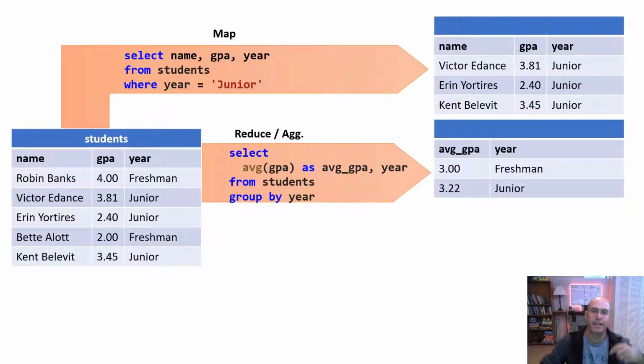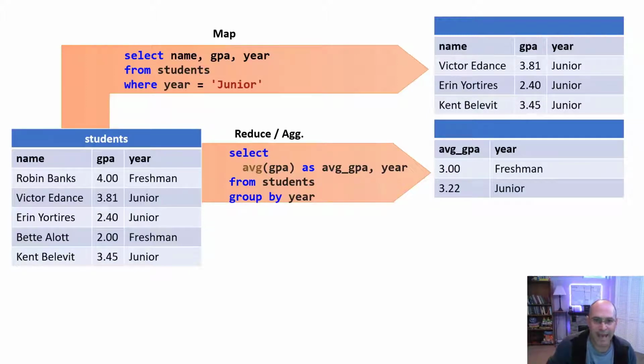Reducing is an aggregate operation where now we don't see the original GPA anymore. What we do is we see an average of that GPA by year. So freshman, and then 4.0, 2.0, 3.0, and then juniors, it averages all of those out. So these rows are not in this table anymore. They are a summary.